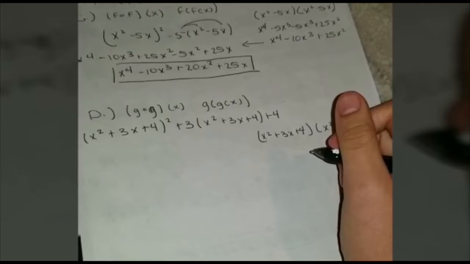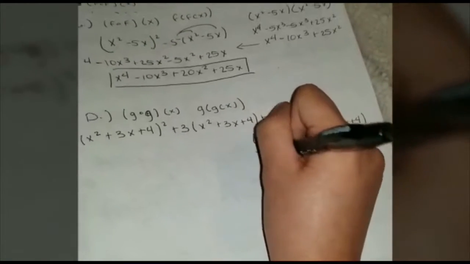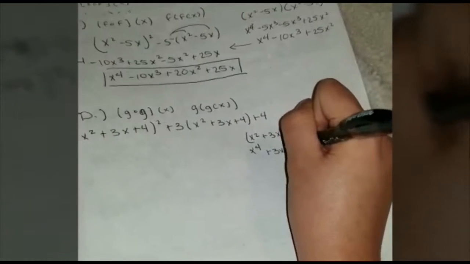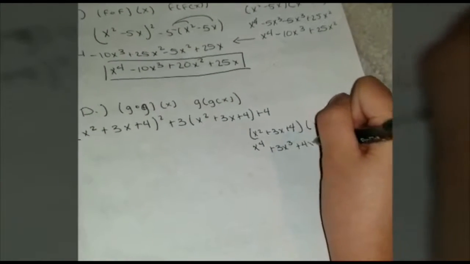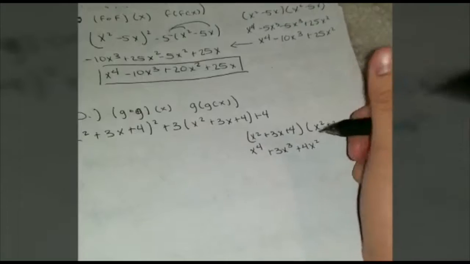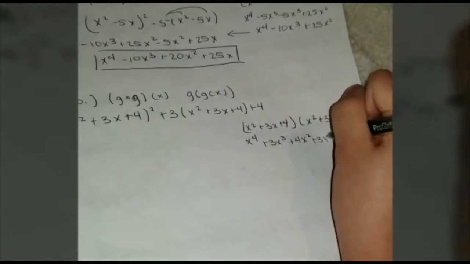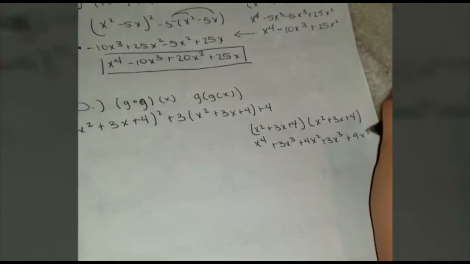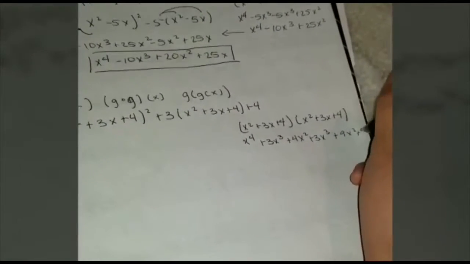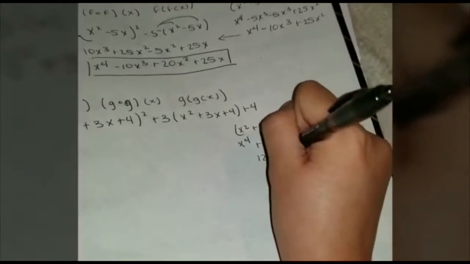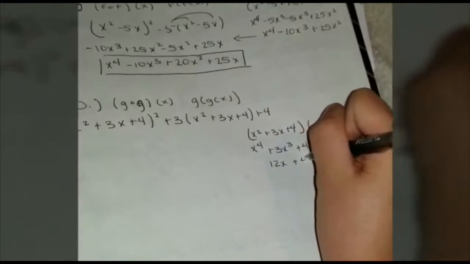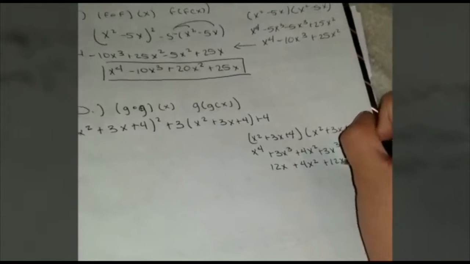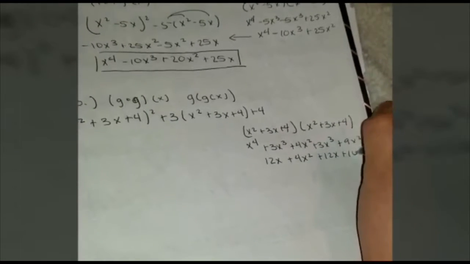So you're going to end up getting x to the 4th plus 3x cubed plus 4x squared plus 3x cubed plus 9x squared plus 12x plus 4x squared plus 12x plus 16.